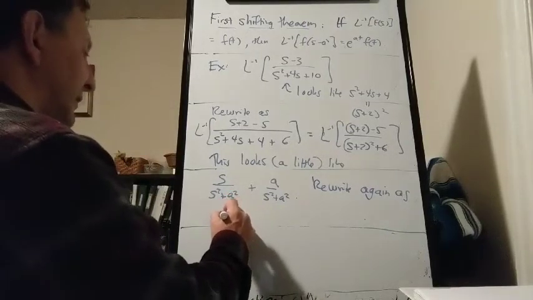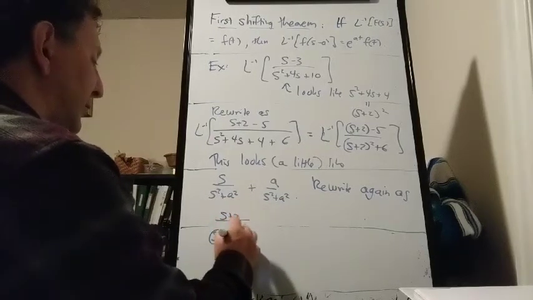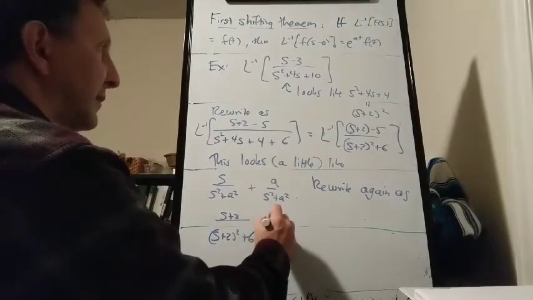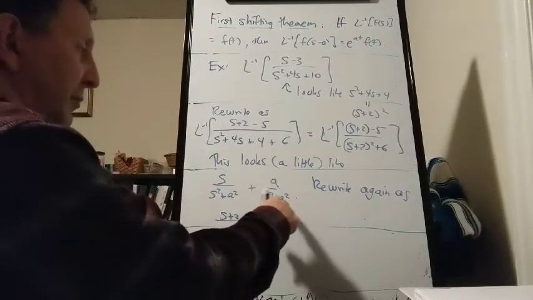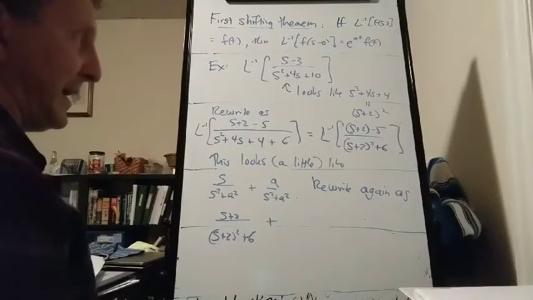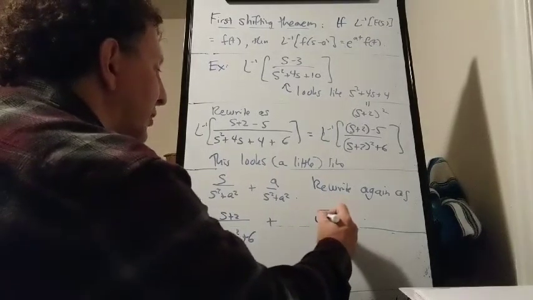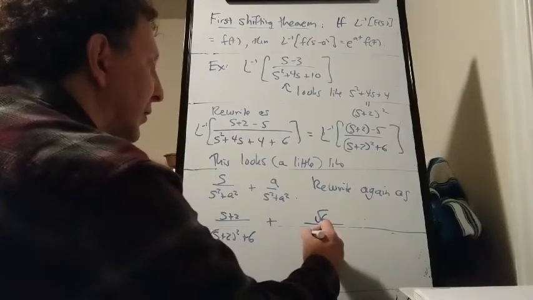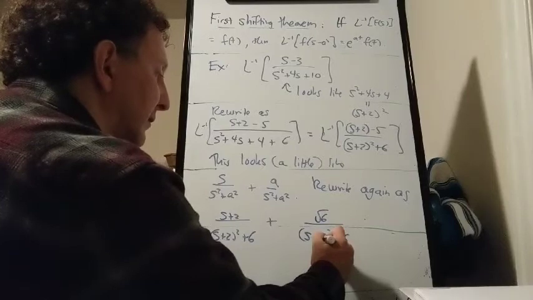And let's write this as s plus 2 over s plus 2 squared plus 6 plus, now if we had a constant over s squared plus a squared, we'd hope that that constant would be a. So in this case, I wish we had square root of 6 over s plus 2 squared plus 6.